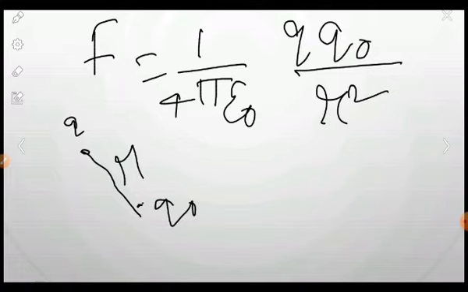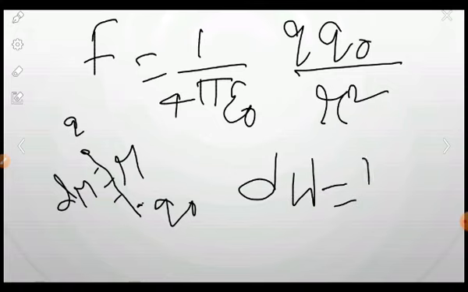Now we can imagine this total length R is divided into small parts, each part equal to dr, and the amount of work done to move Q naught through a small distance dr, a small amount of work done, equals F dot dr. F is the force, dr is the distance between Q and Q naught here.